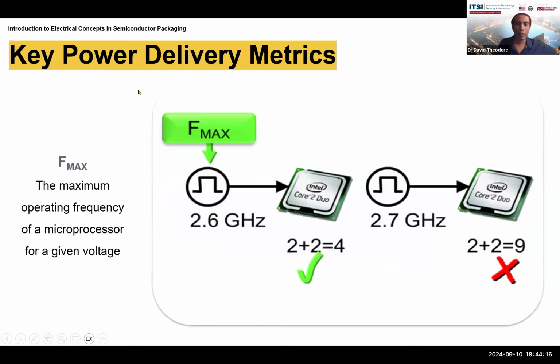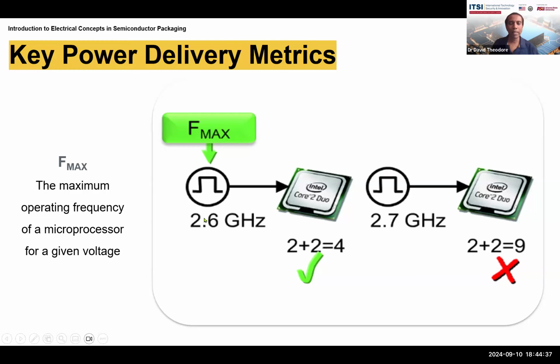Continuing on with power delivery metrics, Fmax is the maximum operating frequency of a microprocessor for a given voltage. Here's an illustration of some of the things I've talked about, where Fmax is the maximum frequency at which the chip can do operations and still do them correctly.